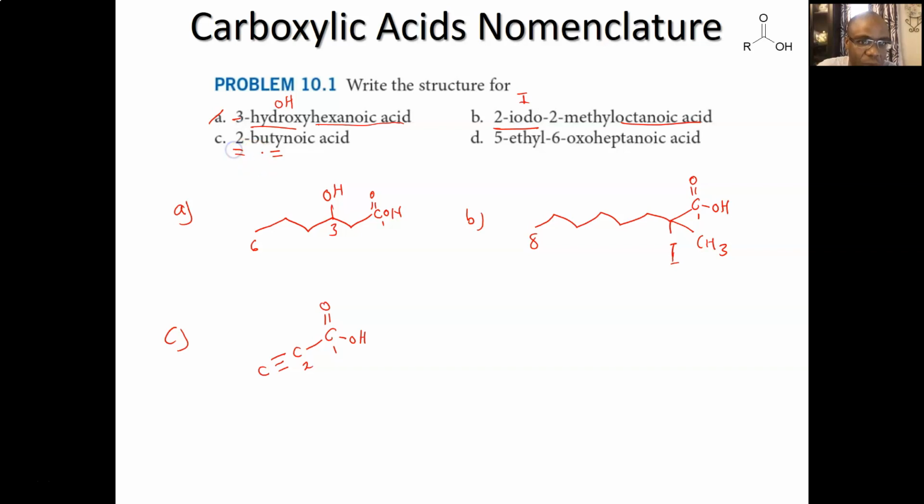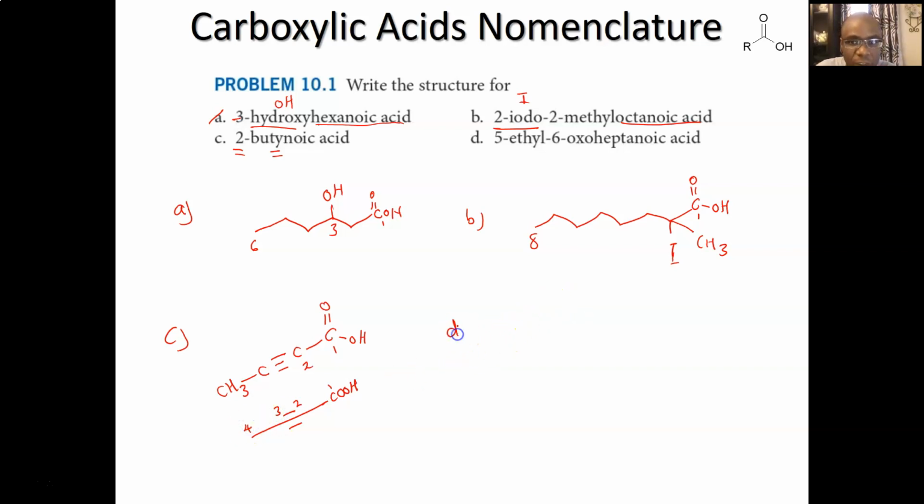That's what this 2-butyne means. And then I need 4 carbons. So that will be it. Remember, it should be linear. So I would have just drawn it like this, and that should take care of it. Okay, where this is 1, there's a carbon here, 2, 3, 4.